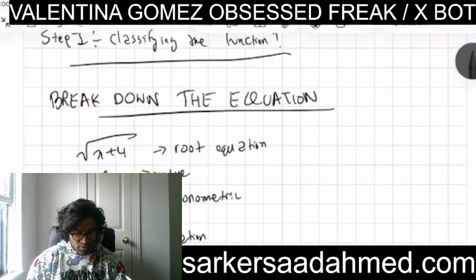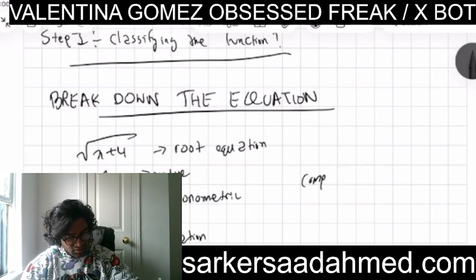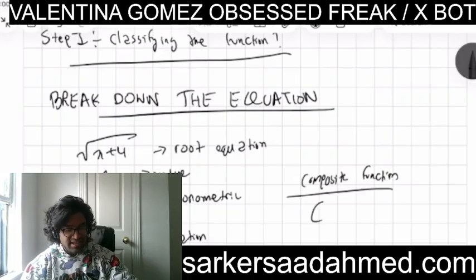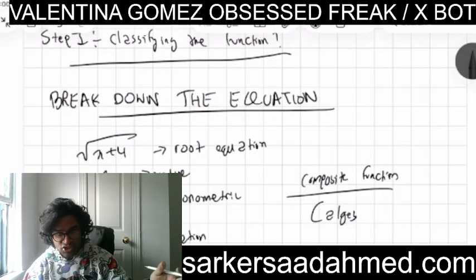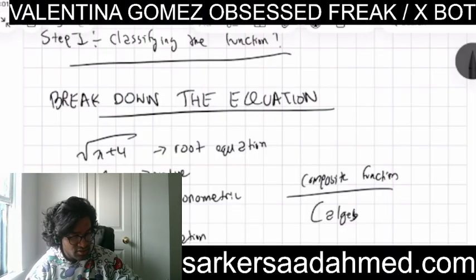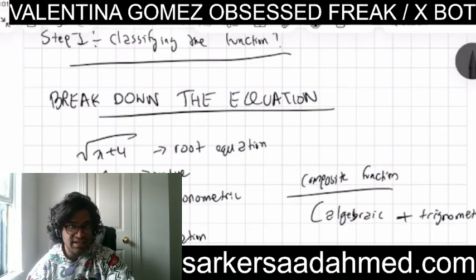So we have a root equation, we have a value, we have a sine, and we have a fraction. So this is what you call a composite function. A composite function contains algebraic operations like addition, division, and subtraction, and also a trigonometric, which is specifically the sine angle. Cool.